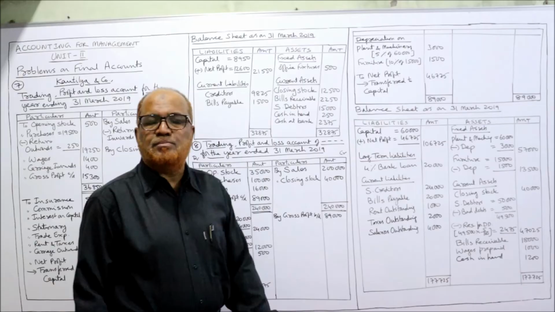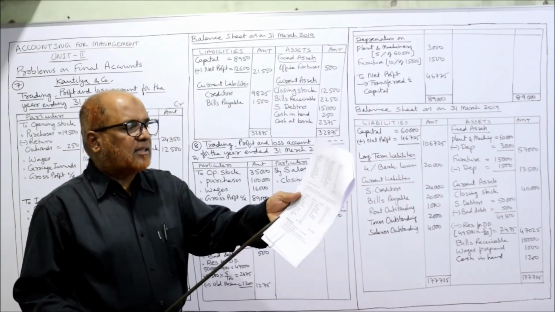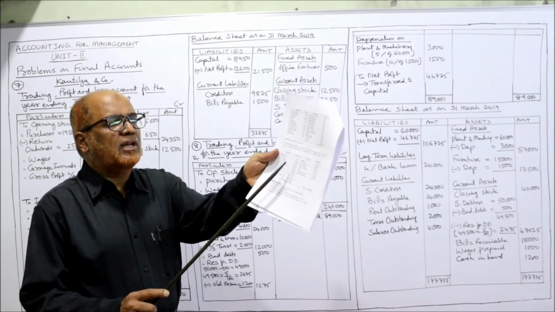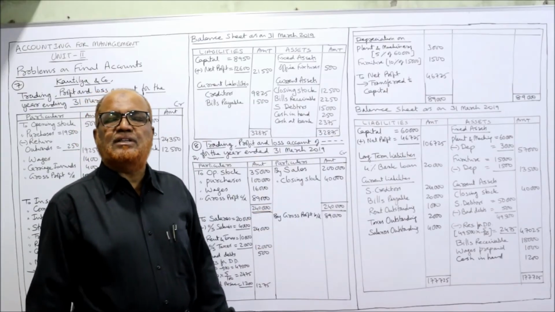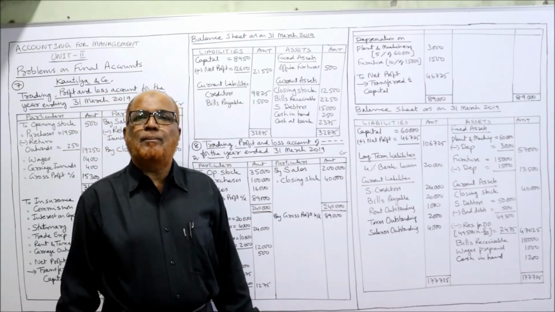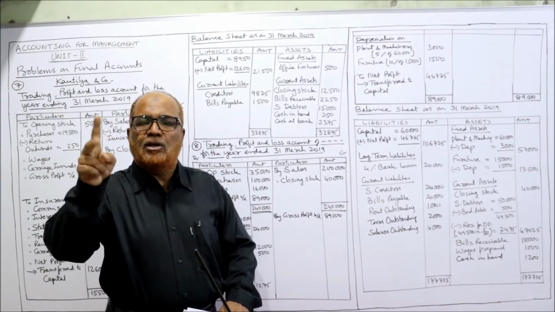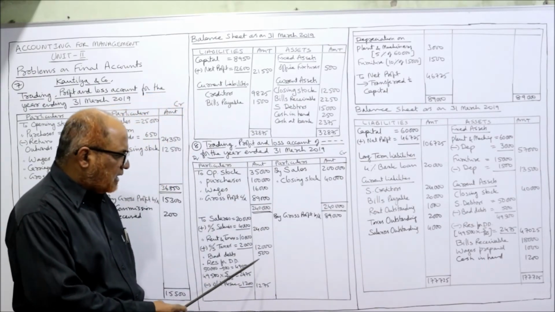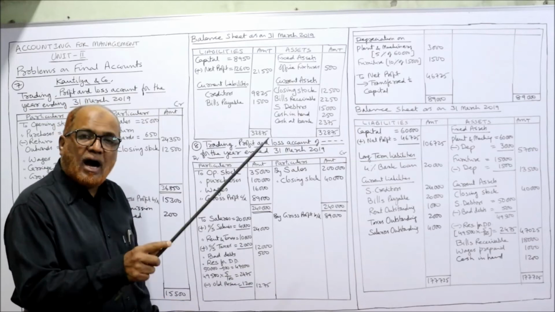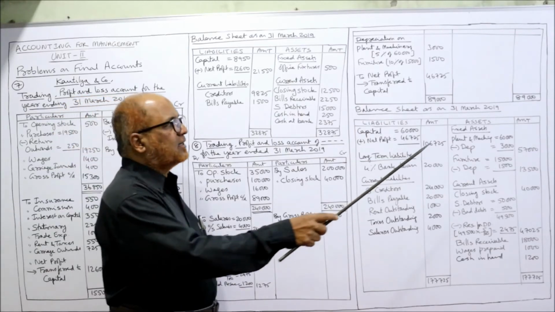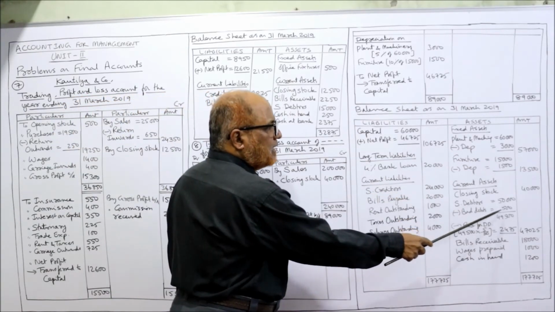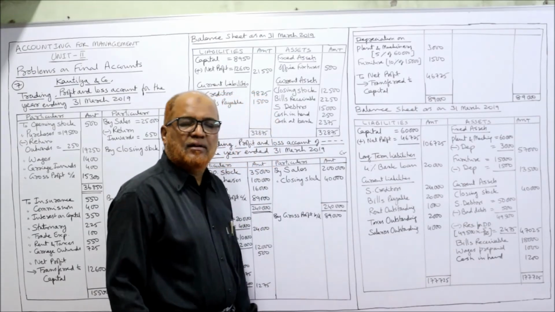Now, sundry debtors. Be careful here. The sundry debtors are given 50,000 in the trial balance. From 50,000, we deduct the bad debts. Adjustment items will appear twice. The bad debts we have already taken in P&L account. Again that 500 rupees will be deducted. So 50,000 minus 500, 49,500.